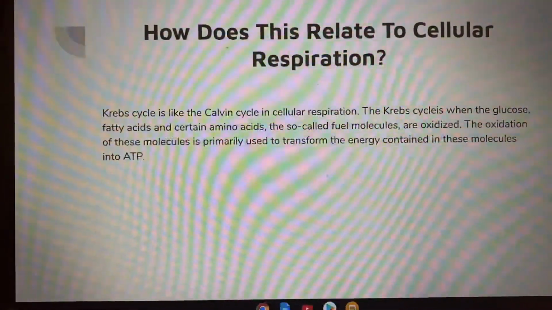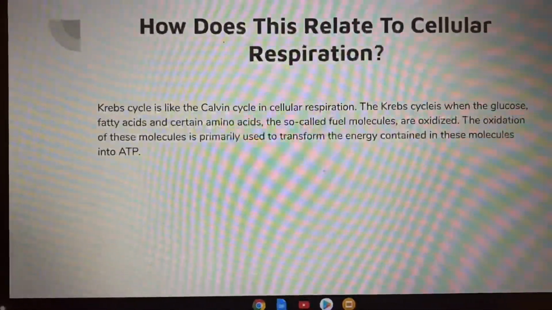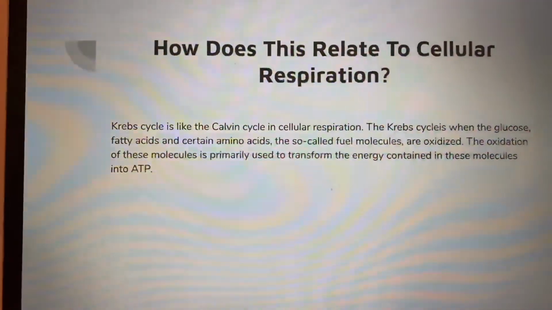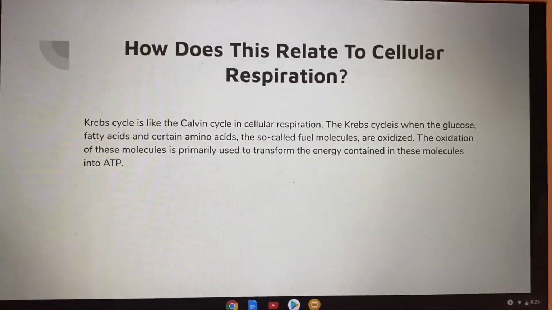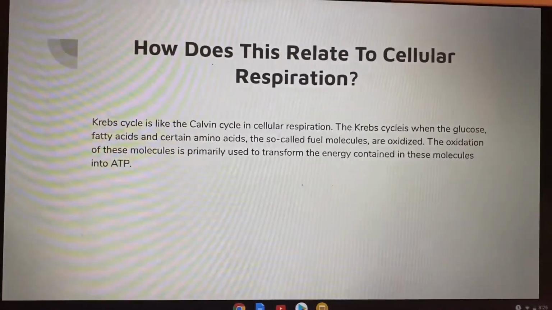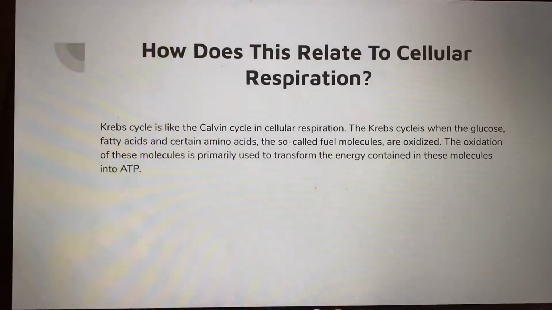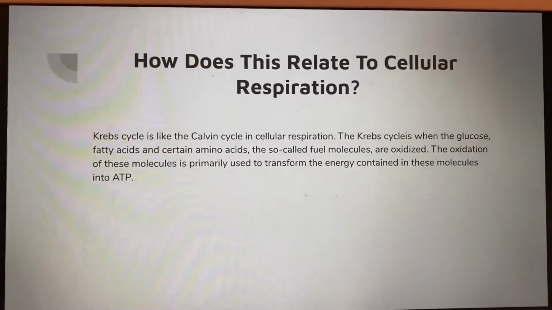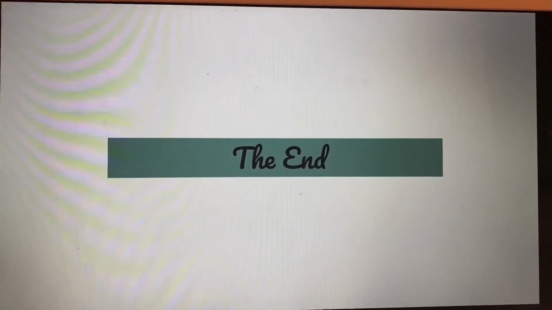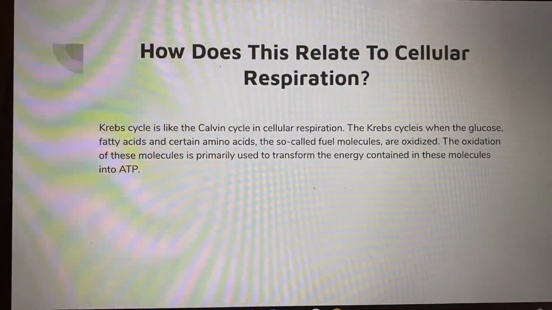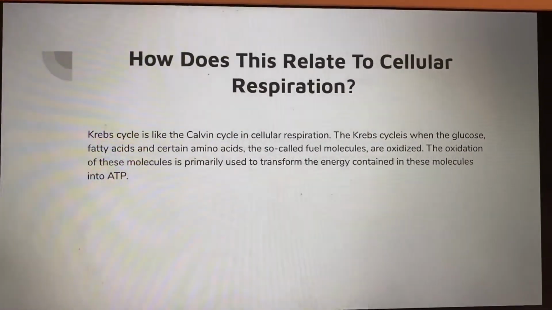The oxidation of these molecules is primarily used to transform the energy contained in these molecules into ATP. So they are similar in that aspect, and that is how that compares to cellular respiration.